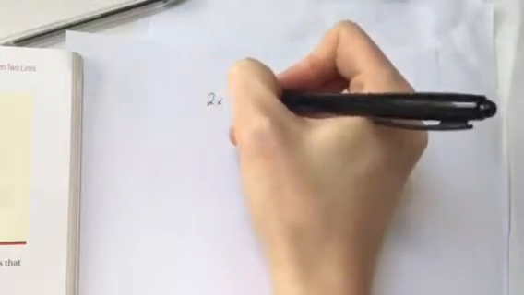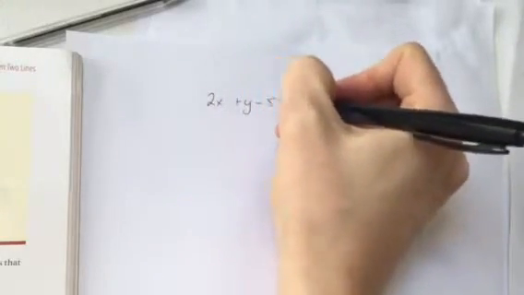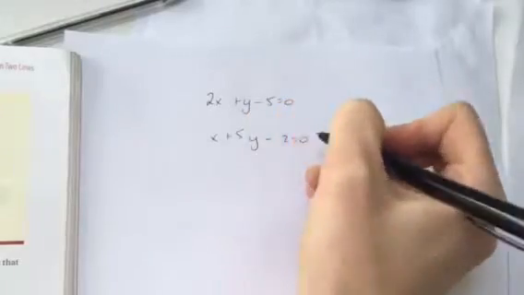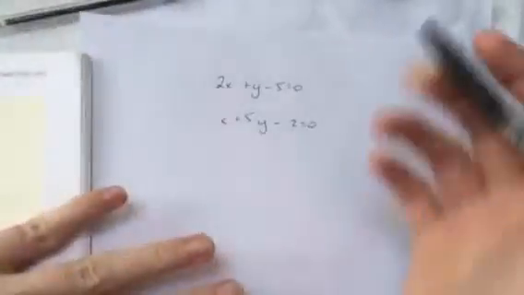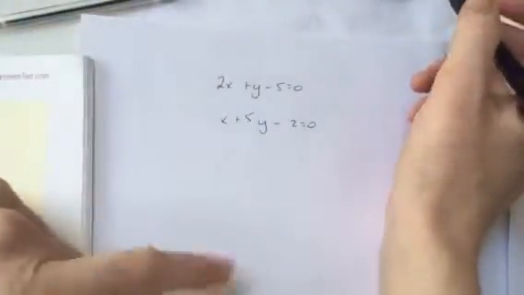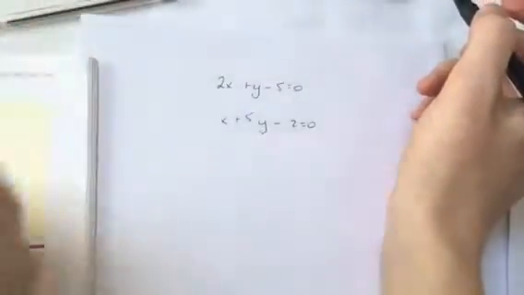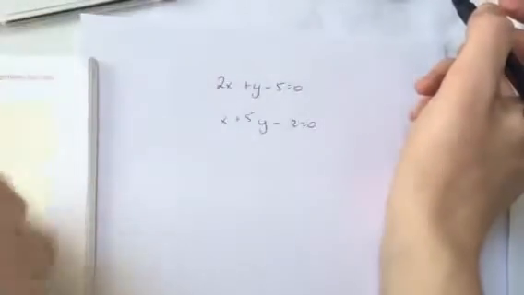And so if I got a question that said, here's a line 2x plus y minus 5 equals 0, and here's another line x plus 5y minus 2 equals 0, find the angle between them. Now, as I said, unless they're perpendicular to each other, I'm probably going to get an acute angle and an obtuse angle.